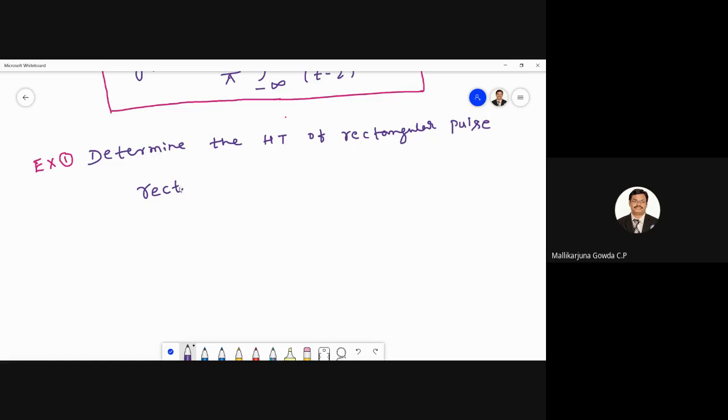Rectangular pulse will be equal to 1 over the interval when t is less than half and greater than minus half, and it will be 0 otherwise.